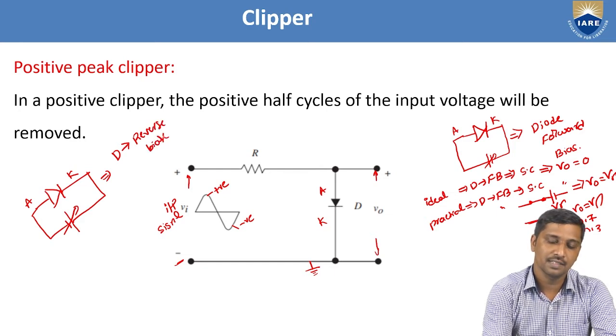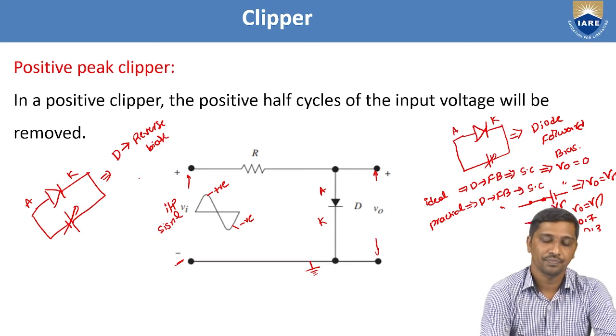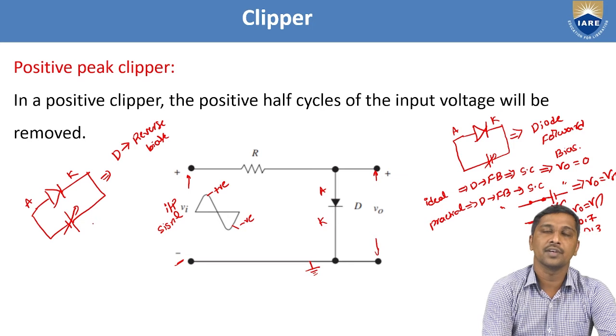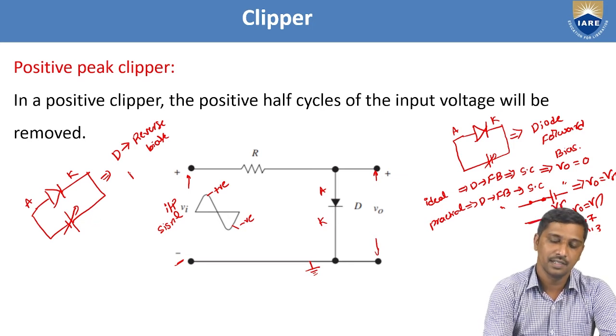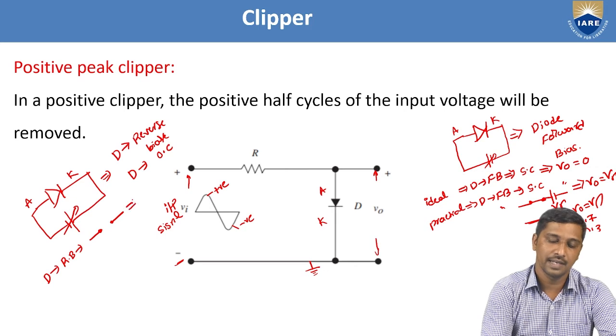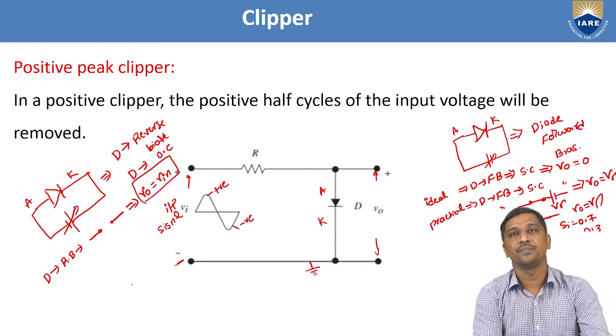If it is reverse biased, the current is not flowing across the PN junction diode. Hence, the diode is replaced with an open circuit, under the ideal or practical condition. Hence, the output voltage across this diode is approximately equal to the applied input voltage.